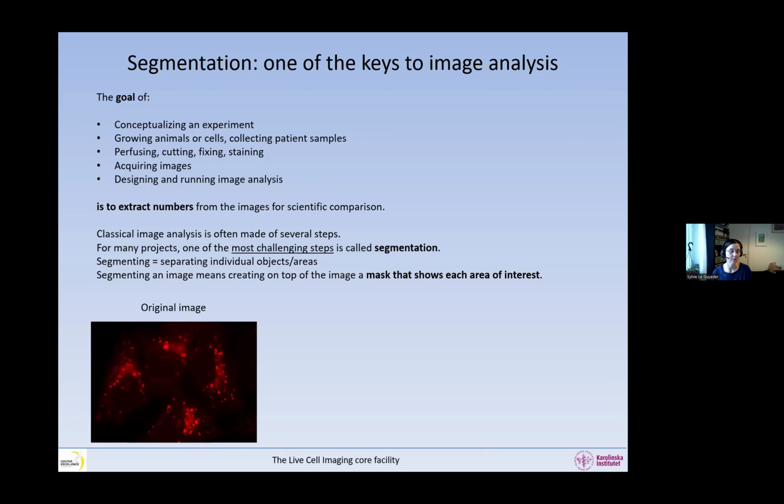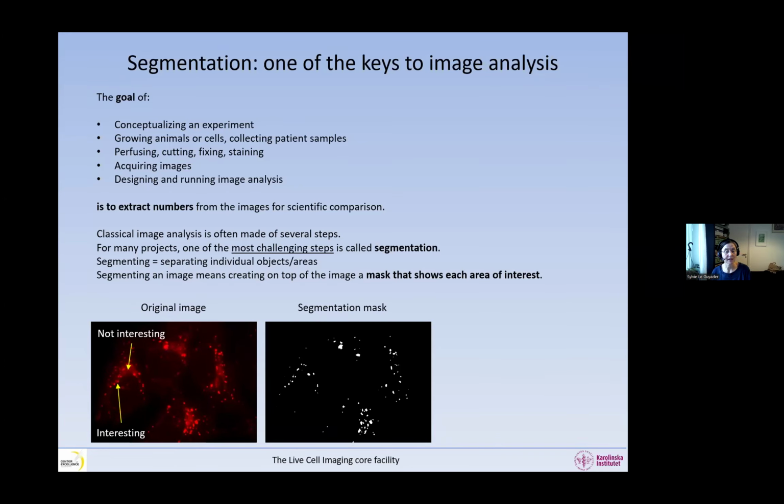So this is, for example, an image of cells, and you have vesicles inside the cells, but you can see that we are interested in the vesicles, but we're not interested in that sort of haze that is behind, that is actually annoying us, whatever we want to call it, background. Anyway, it's there, and we do not want to analyze it. We do not want to get numbers from it. So we make a segmentation mask, and there are lots of techniques to do this.